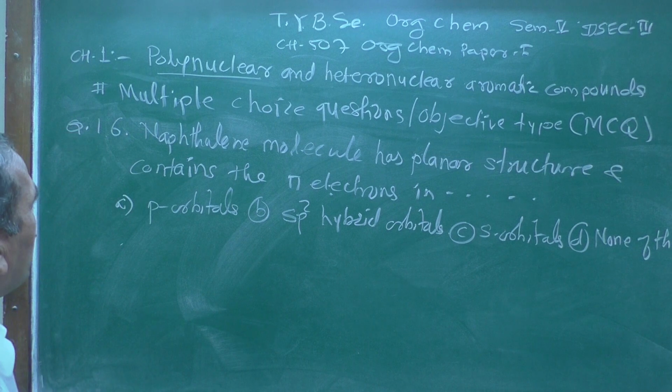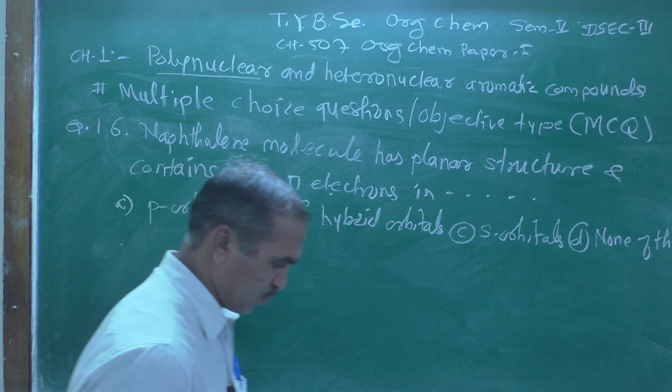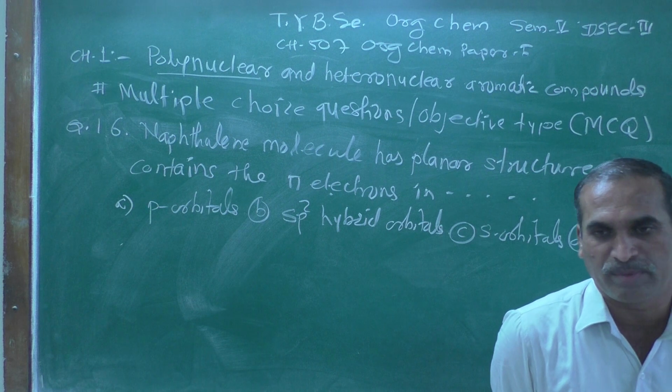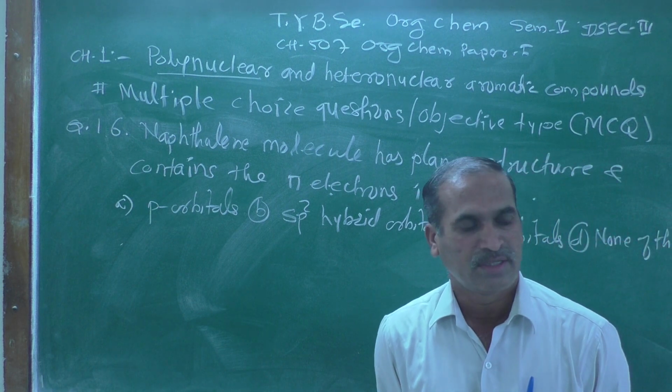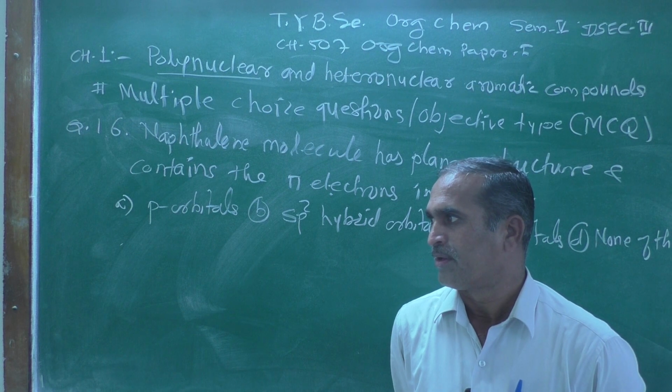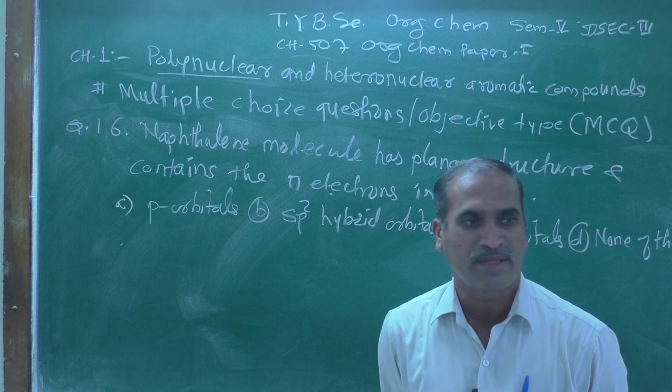Look once again. Naphthalene molecule has a planar structure and contains the pi electrons in dash dash orbitals. We know that there are 4 atomic orbitals, which are the s orbital, p orbital, d orbital and f orbital.